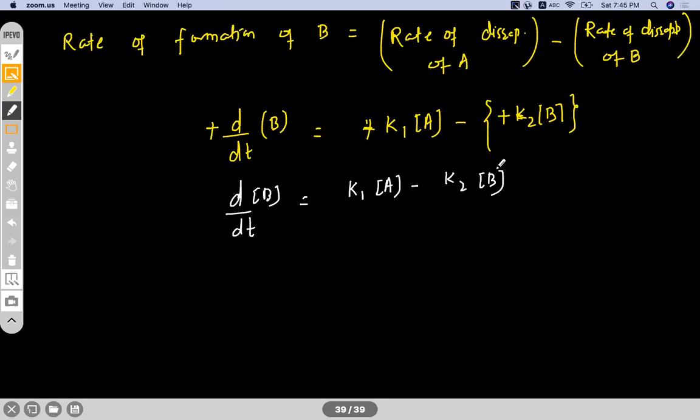It's all about mathematics. There is nothing chemistry in this. कुछ भी chemistry नहीं है. Right, we just need to solve this differential equation, that is it.